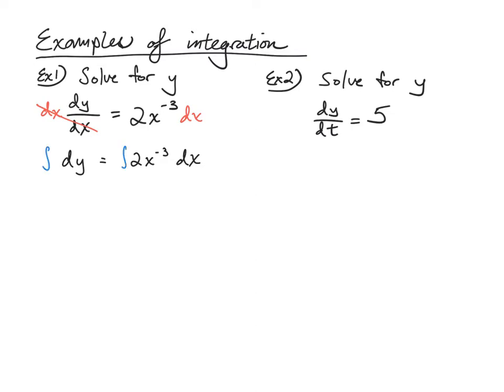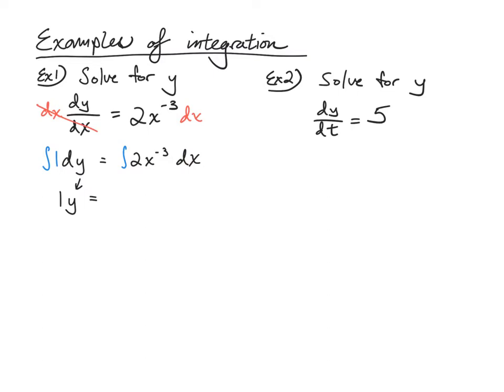Now hiding in front of the dy is a 1. And the very first rule said if we take the antiderivative of 1 with respect to y, it's almost like we can just magically put that variable there. So this would be 1y equals the antiderivative of 2x to the negative third power dx.